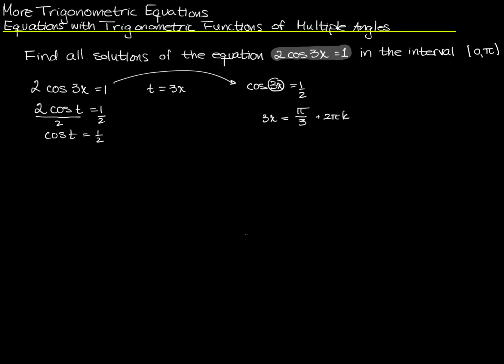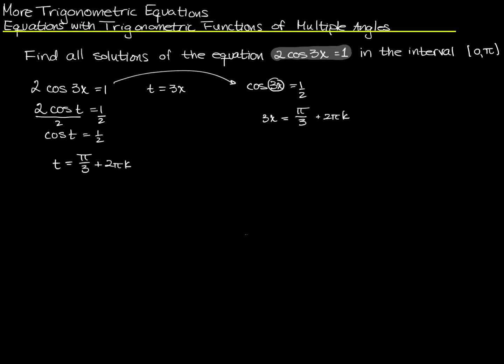But if you can't see that, and I know I couldn't when I first started doing these, then you make the substitution. This tells me that the angle t is equal to pi over 3 plus 2 pi k. Now, because I did the substitution, I found t, but what I need is x.